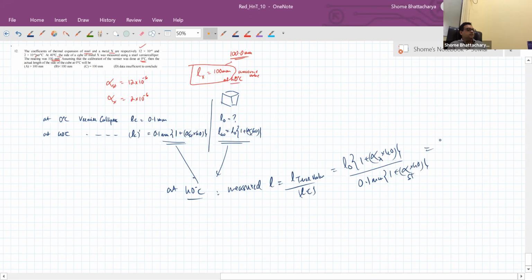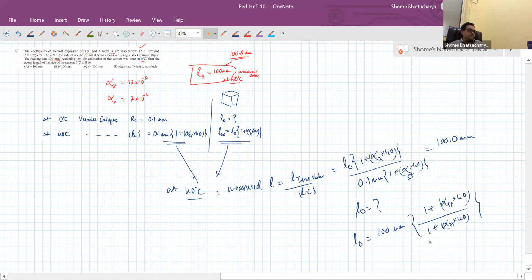And this is actually how much? It is 100.0 millimeters. So from this, we have to find out L naught. So L naught you can see is 100 millimeters into 1 plus alpha of steel into 40 upon 1 plus alpha of x into 40. Okay.